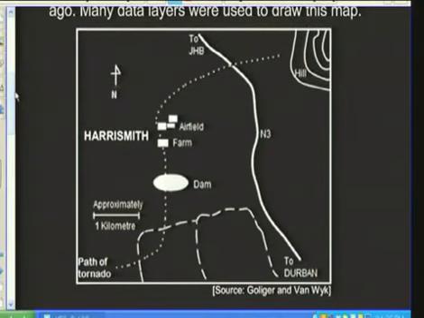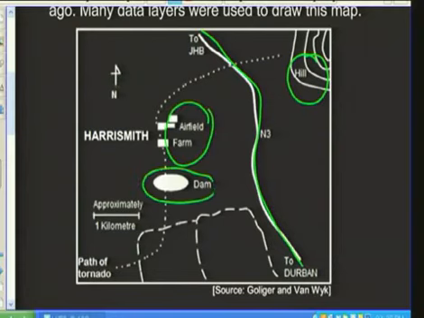So what we have on this particular map is a number of different things. Up here we have a hill, as indicated by the contour lines. Over here we've got a road, the National 3 Highway. We have a farm and an airfield. We have a dam, a body of water.